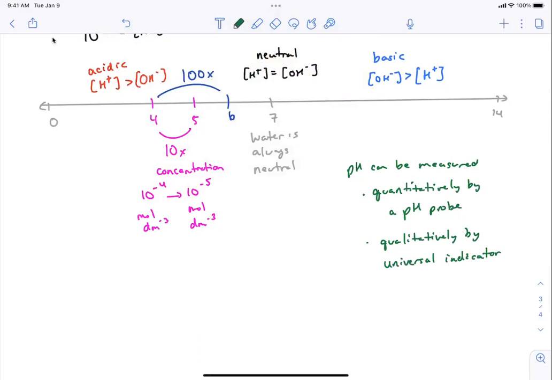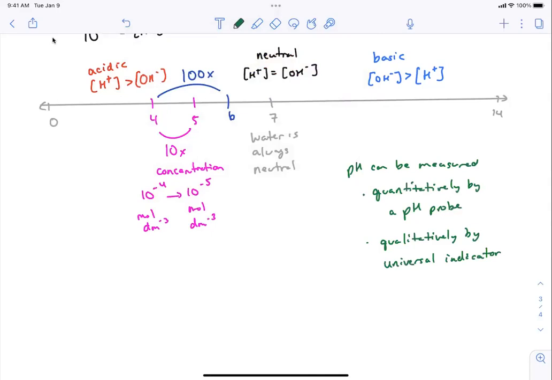I didn't say which direction it was, but yes, it would be 100 times less or 100 times greater, depending on which way you're going, correct. So a pH probe can measure the value of it. A universal indicator is a special chemical that changes color based on pH. If you put a drop of universal indicator in, it will change color based on the rainbow, depending on the pH. If it's orange or red, it's an acid. If it's green, it's neutral. If it's blue or purple, it's a base.